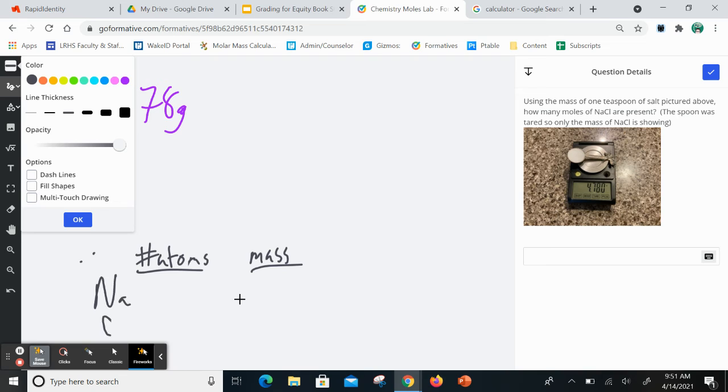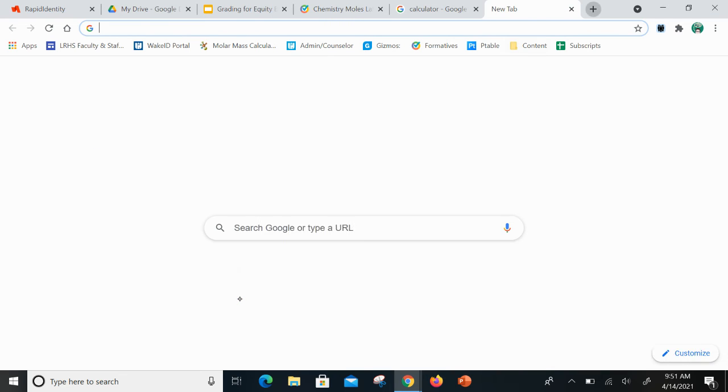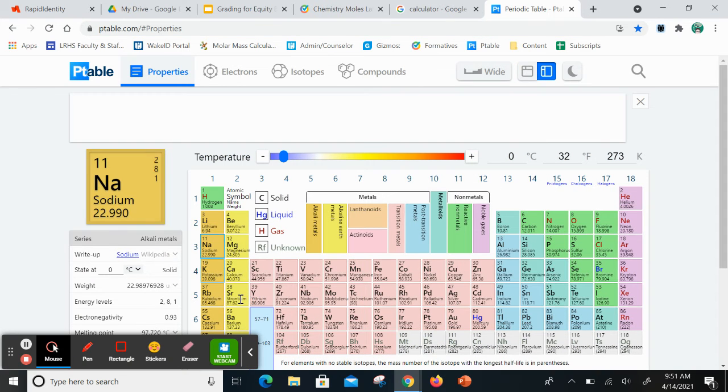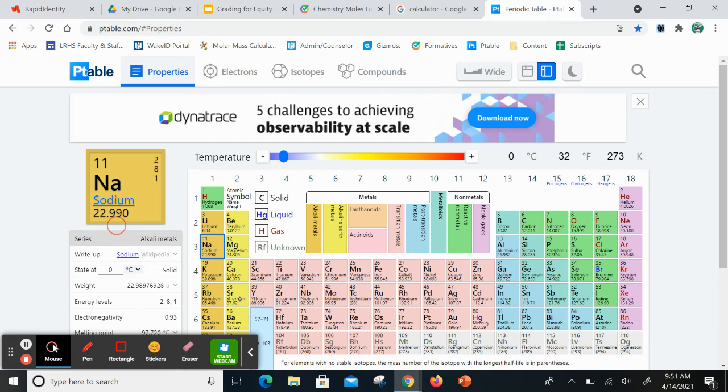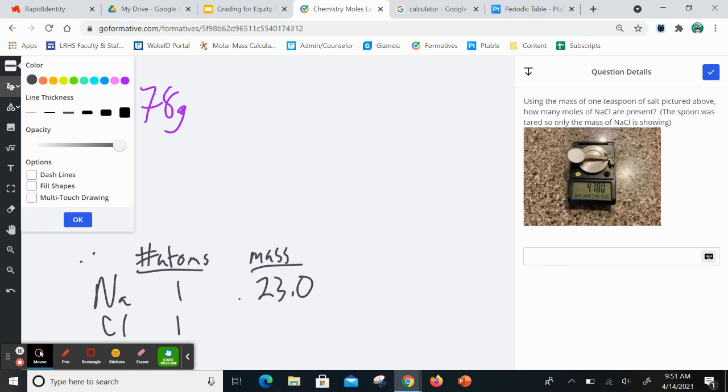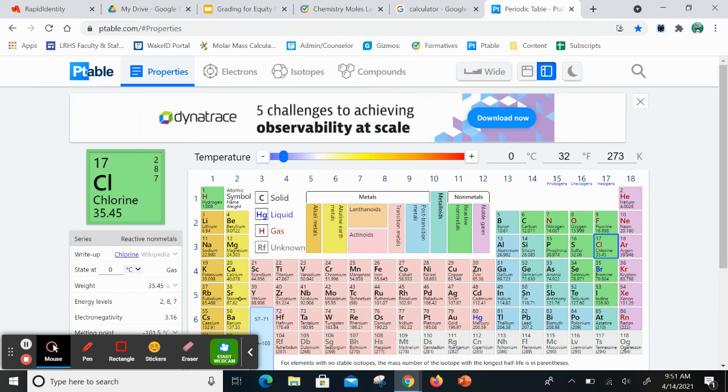For Na and Cl, there's 1 atom of each. For Na, it's 23.0 on the periodic table. Okay, it's 22.999, so we're going to call that 23. And then for Cl, we're going to use 35.45.